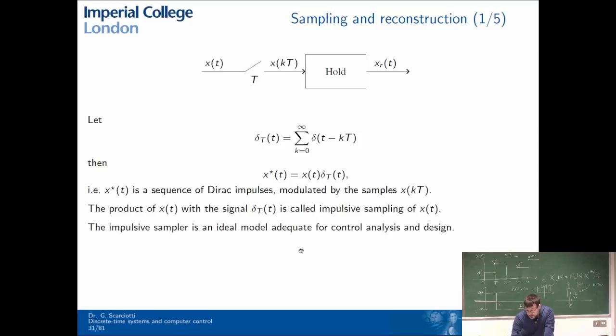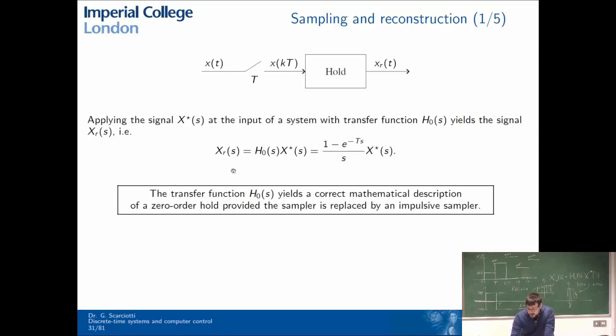Now we summarize what we obtained so far. The Laplace transform of the reconstructed signal is equal to the product of two functions, where one function is given by this Laplace function, and the other function is x star of s. So x star of s can be seen as the input of the transfer function H0 of s.